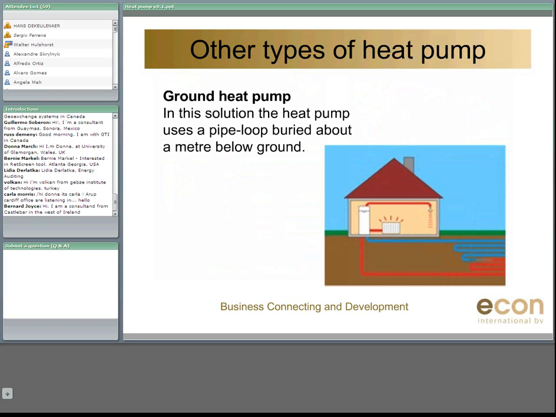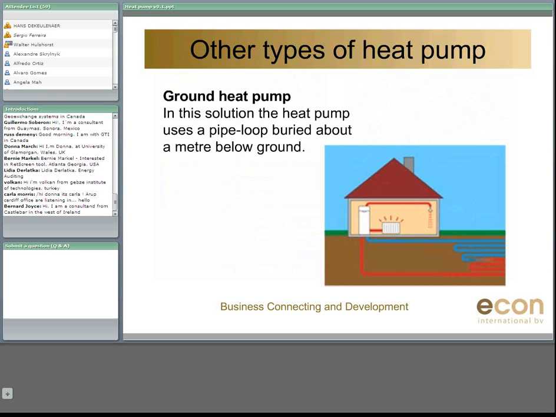Use of your ground soil as a heat resource for your heat pumps enables you to store your energy, to use the energy stored in the ground. Typically these pipes are dug into the ground, and I think about 1 meter up to 1.5 meters is a typical depth.